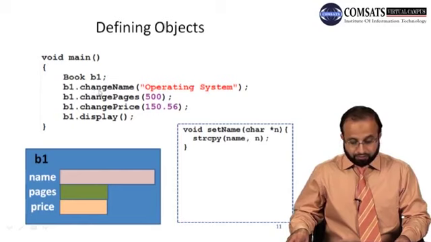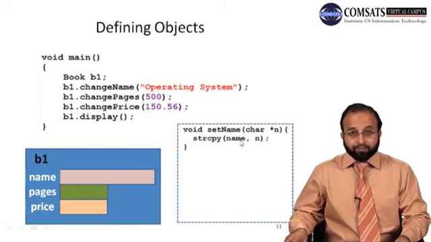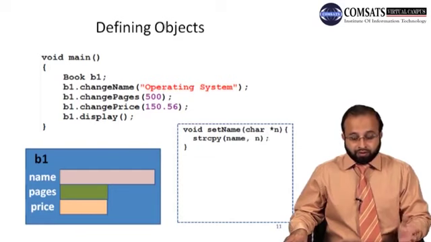So the set name function is executed. You are passing the base address of this string, and then you are copying this string into the name. So name is the private data member of some object. Which object? The object by using which you have called this set name function.